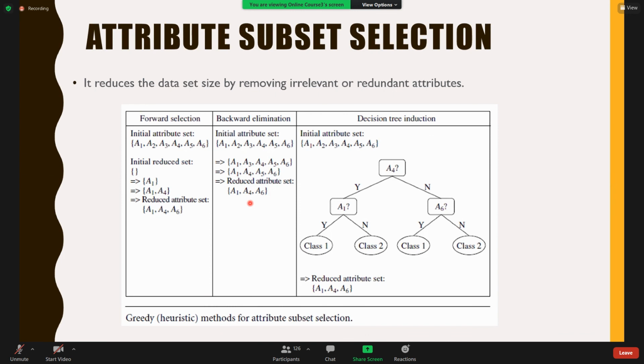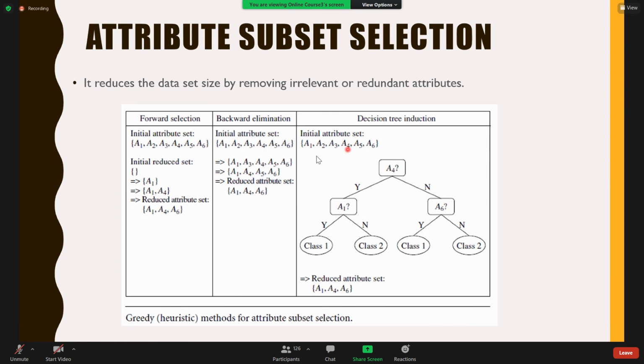That is the hybrid approach. The next one is decision tree induction. Decision tree induction is a technique used for classification, and it can also be used for finding the relevant attributes. If you see here, this is a constructed tree. A tree has a root node, internal nodes, and leaf nodes. At every stage of tree construction, we need to select an attribute.